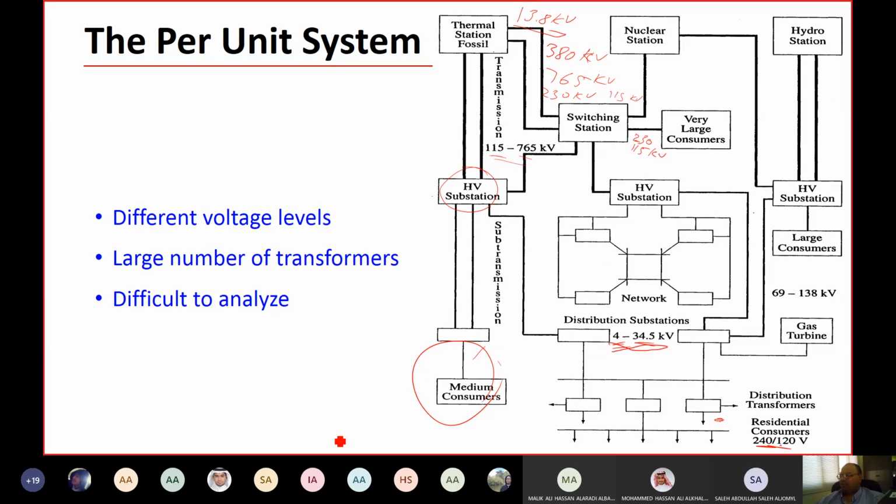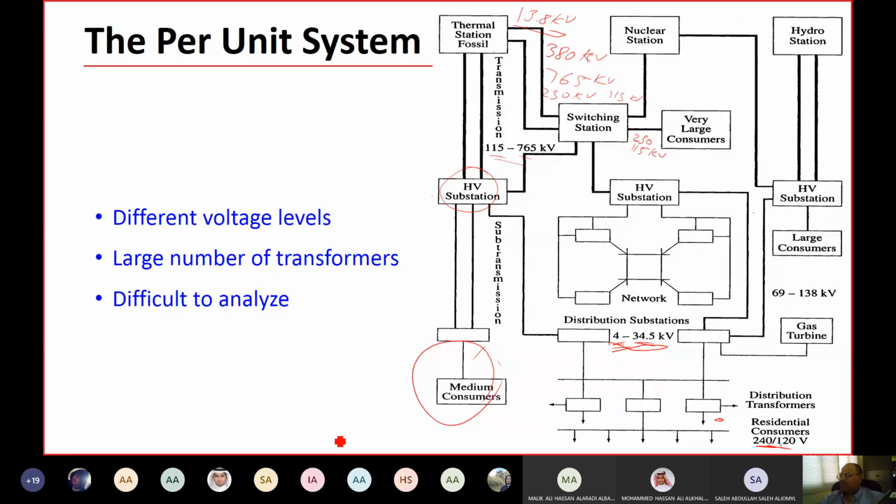If you still remember in 360, if you have the transformer, it is difficult to refer to primary or refer to secondary. You multiply the current by A, or divide by A, or you multiply the impedance by A squared, and you convert from here to there.